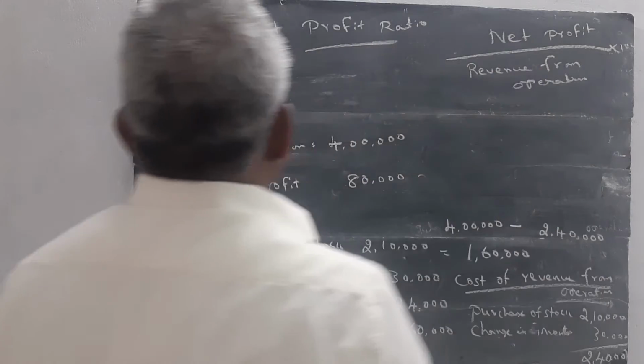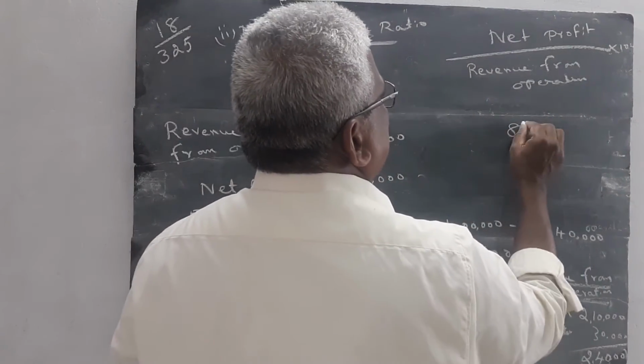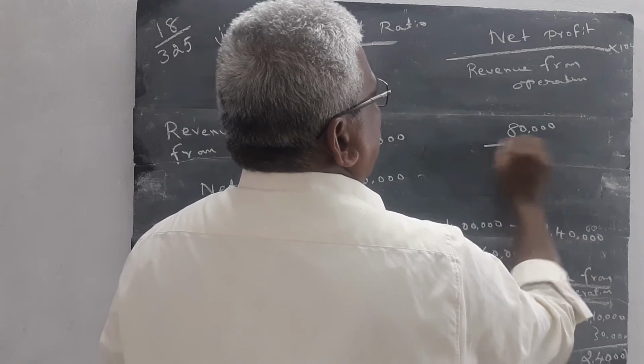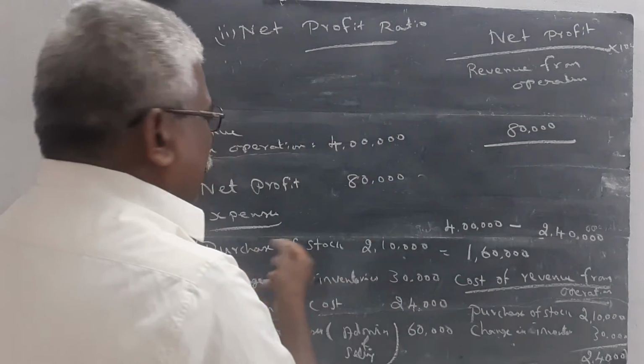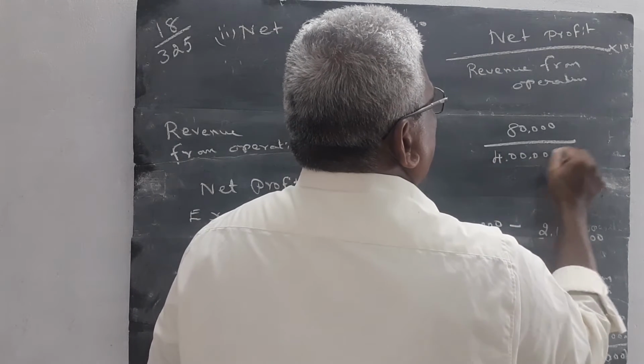Net profit is given in the question itself. So net profit is 80,000, divided by revenue from operation 4 lakh, into 100.